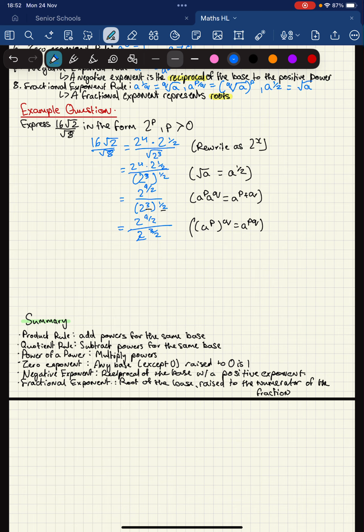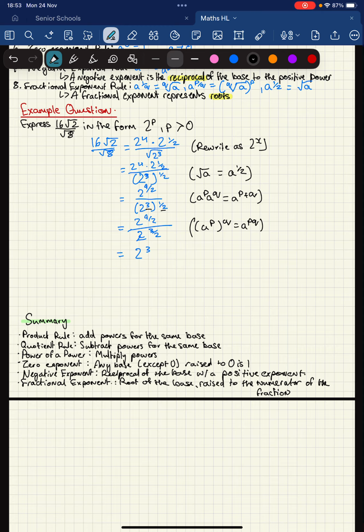Now, we have this fraction here, right? So we want to get this as simple as possible. Keep in mind, we want this in the form of 2 to the power of p. So that's 2 to a power. What we have here comes to 2 to the power of 3, or 2 cubed.